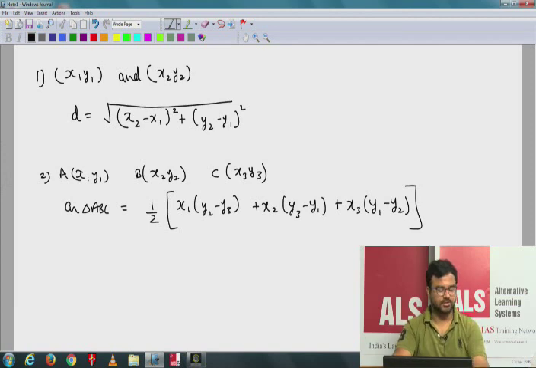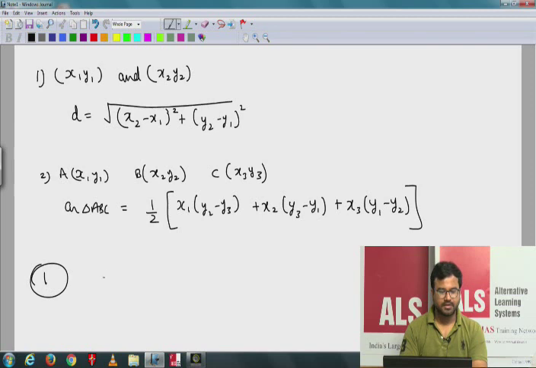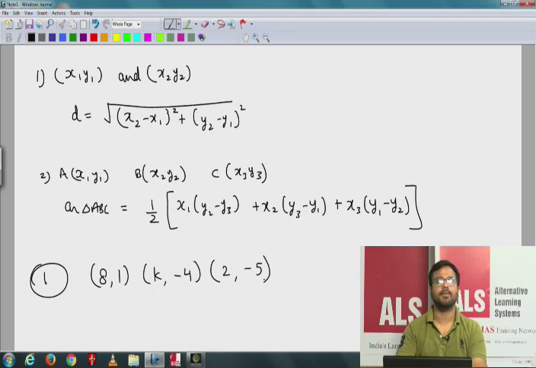So let's start with the question. Try this question. If there are three vertices, 8, 1, k, minus 4, and 2, minus 5.